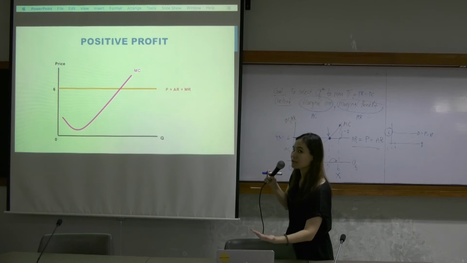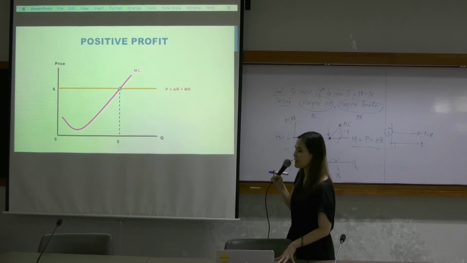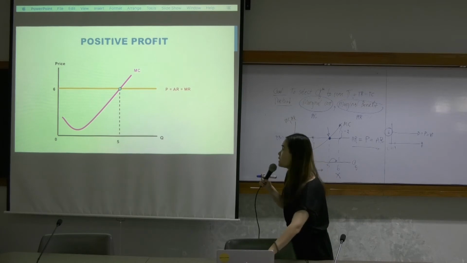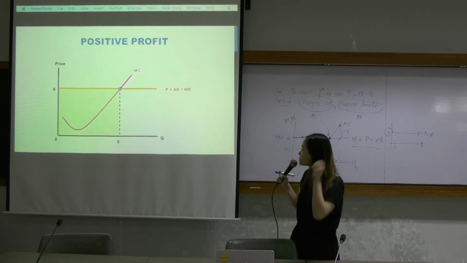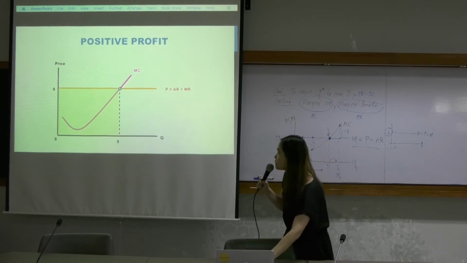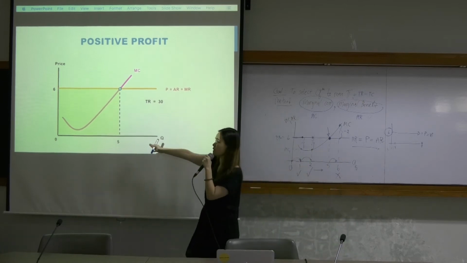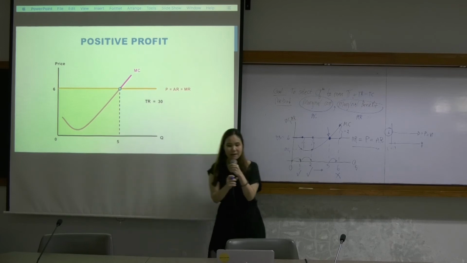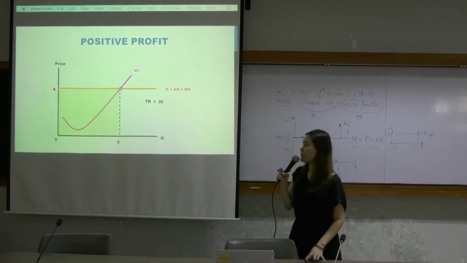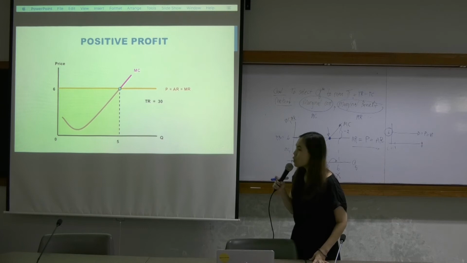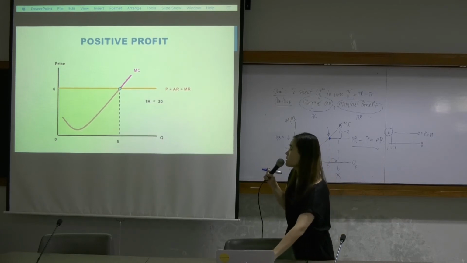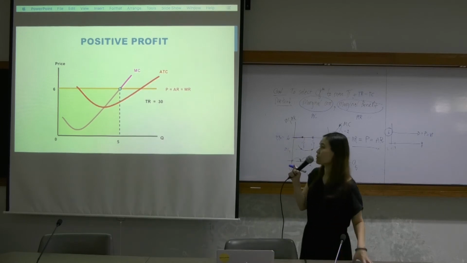The firm will maximize profit by choosing to produce 5 units of output here, where MC equals MR. What would be the total revenue that the firm gets? The firm will get a total revenue of $30, because the firm will sell 5 units of output at $6. What would be the cost that the firm has to pay? You need to know the average total cost.